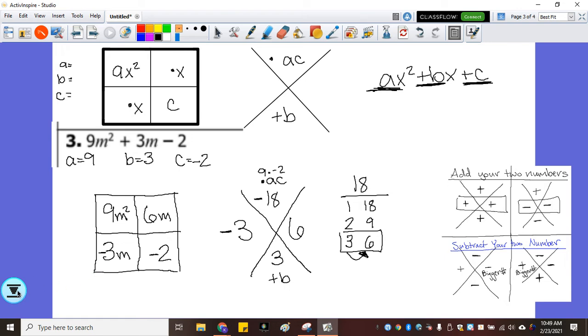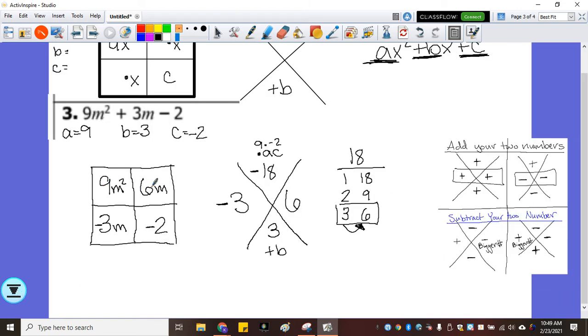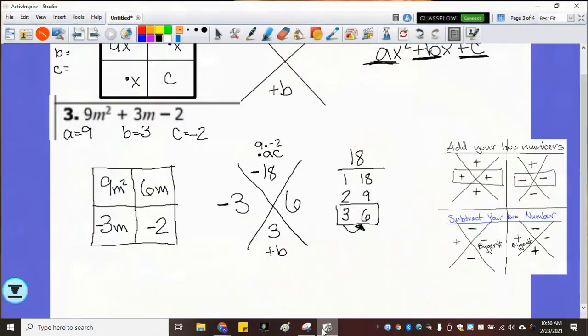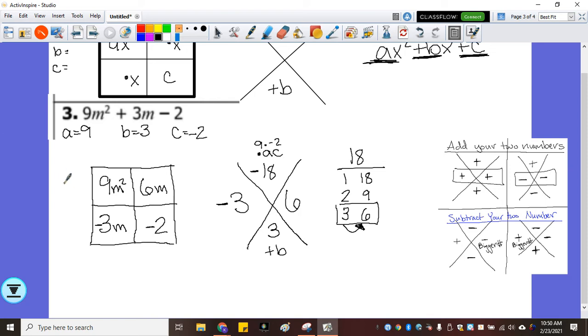All right, greatest common divisor between 9 and 6. What's the biggest number you can divide into both of those? 3. And if the numbers get too big, your calculator can do it for you. But you're right, it is 3. And then M squared and M means they have one M in common.